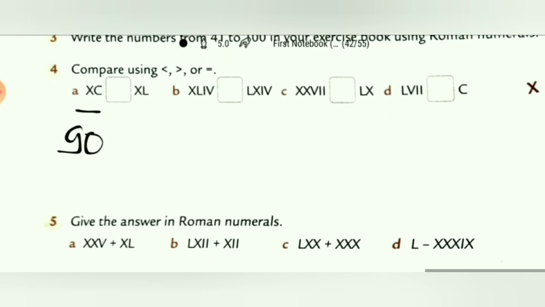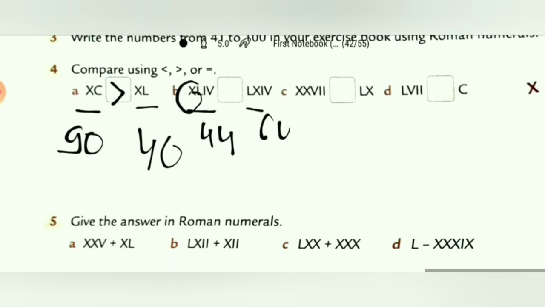Before a smaller number means we have to do subtraction. After a smaller number means we have to do addition. So here 40. Greater is which one? 90. Next. Again the same thing. 40 plus 4 is 44. And here 50 plus 10 is 60, and 64. So the greater number is 64.